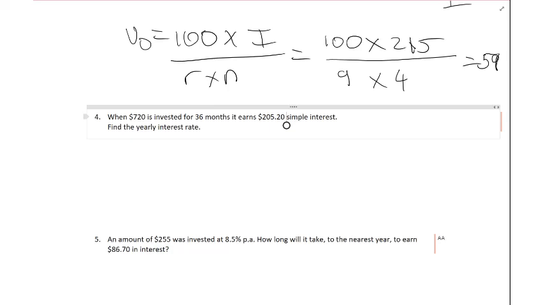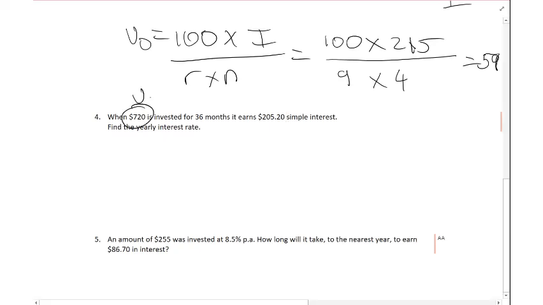Okay, I'm going to try to get through this quick because it's going to take a bit of time. This has gone for a while as it is. When 720 was invested, so V0, for 36 months, that is N. But remember, we want yearly interest rate, so we're going to need to convert that. So that's 36 months, 12 months in each year, so that's 3 years.